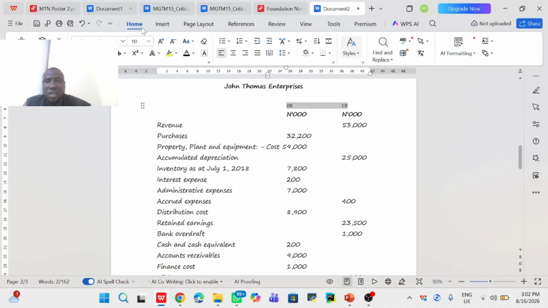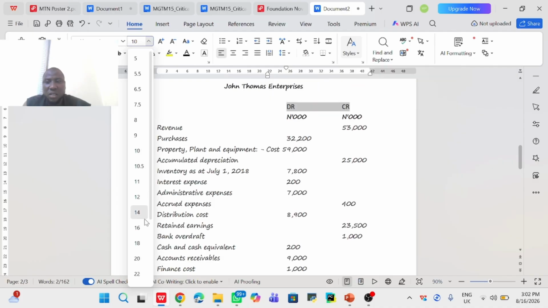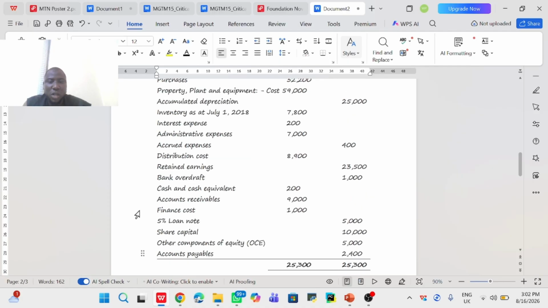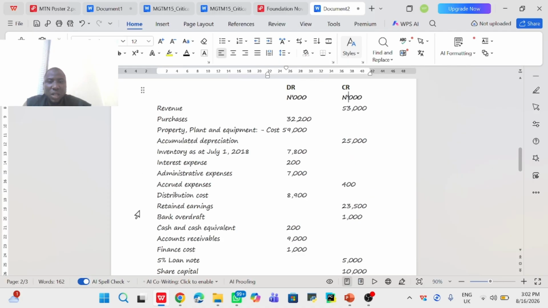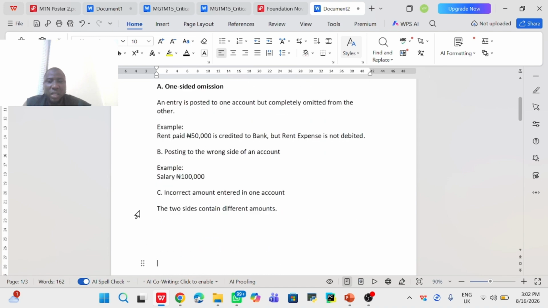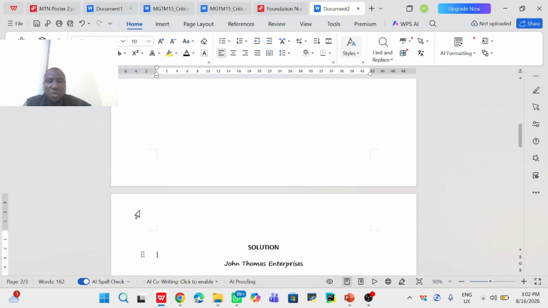This is just a basic for us to have a full understanding of double entry and to understand the trial balance. The errors that do not affect the trial balance will be treated in our next video. Thank you.